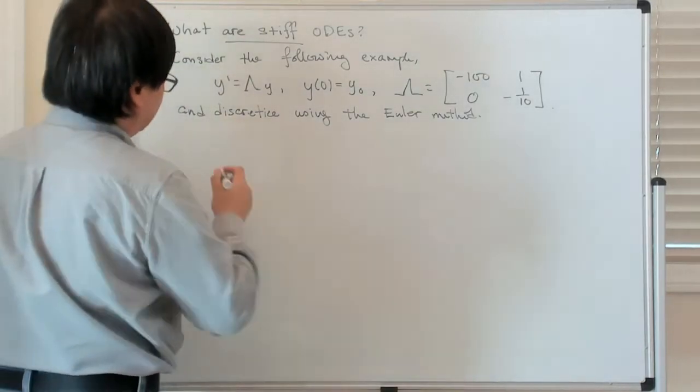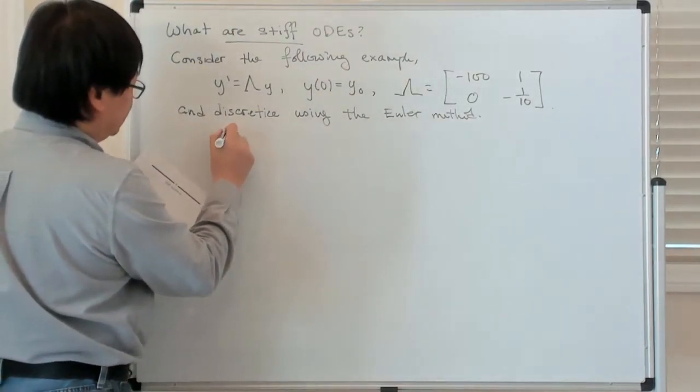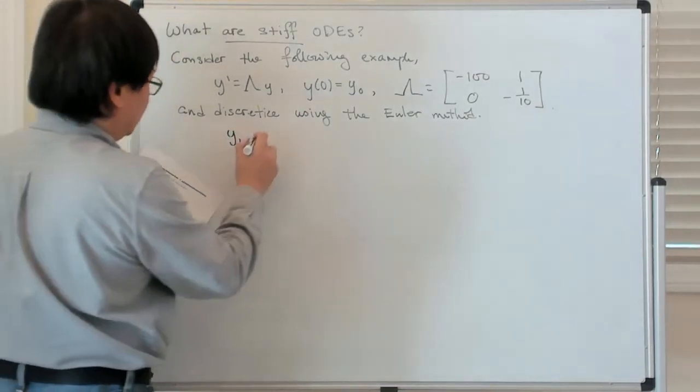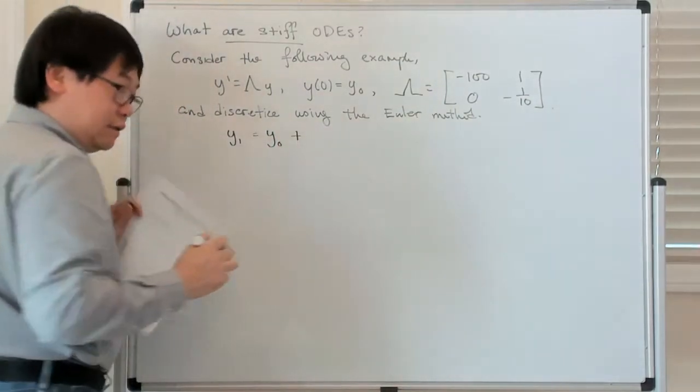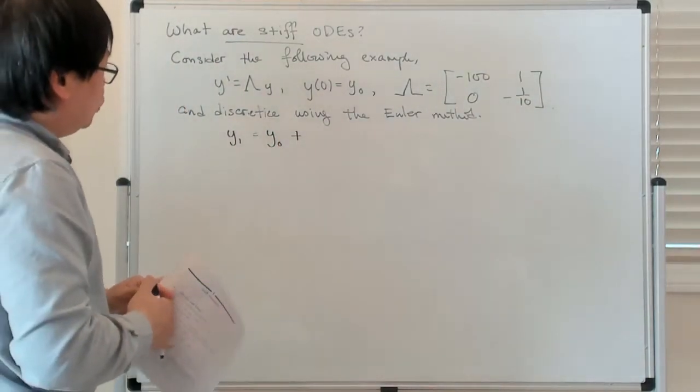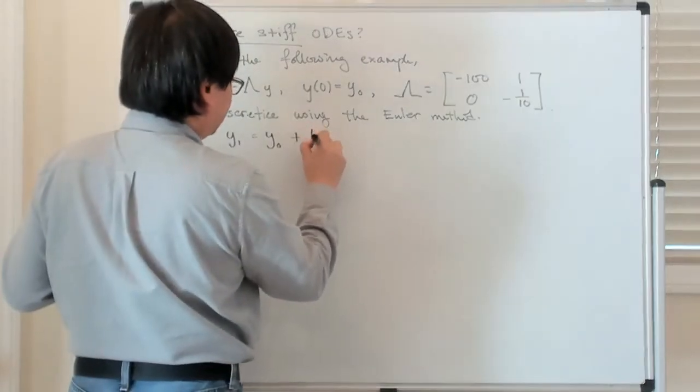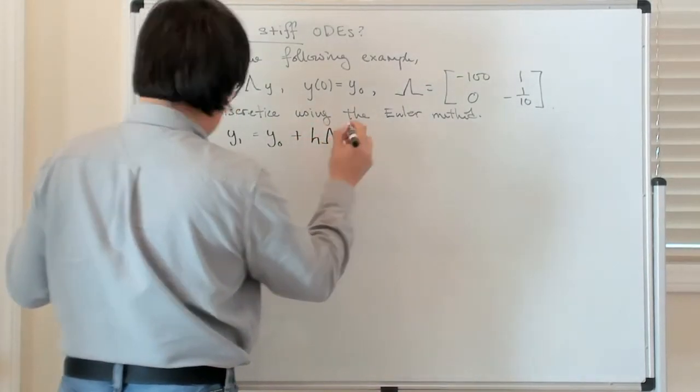All right. So what happens with the Euler discretization, of course, is that the solution at the new time y1 is equal to the solution at the old time y0 plus h times the vector field evaluated at the old time, which would be h times lambda y0.